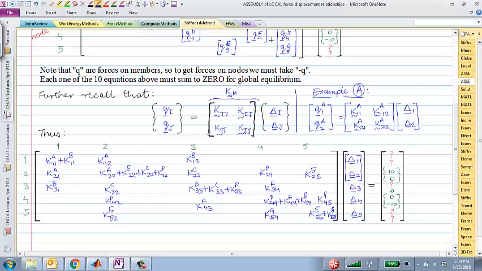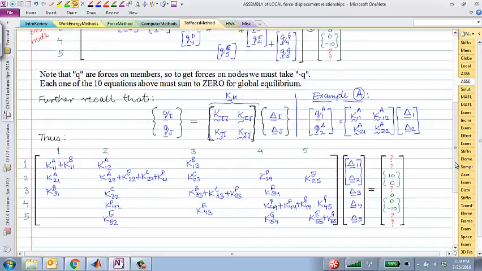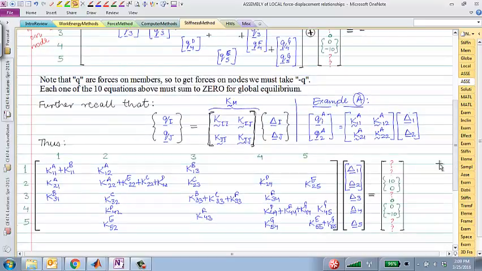And hopefully you're already seeing that pattern that I mentioned. How would you automate it? How would you automate generation of this system of equations? Loop over the elements, exactly like we did in the MATLAB code that you're working on right now.